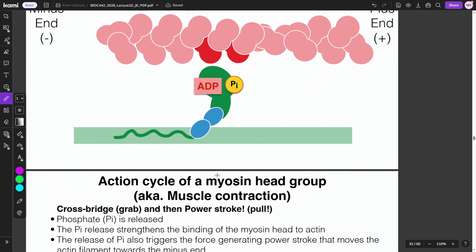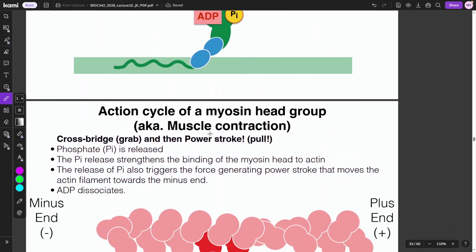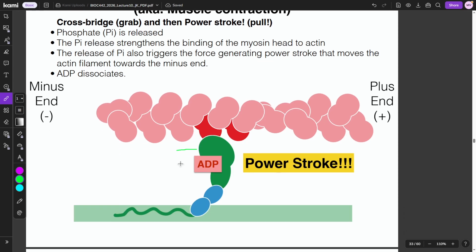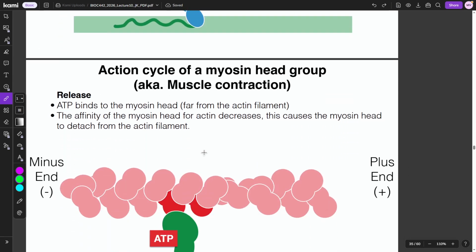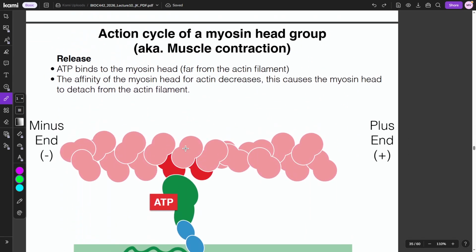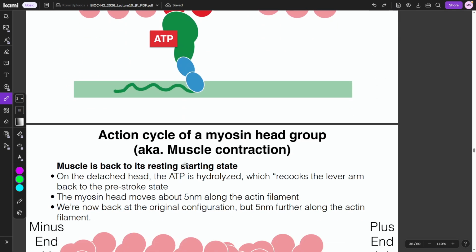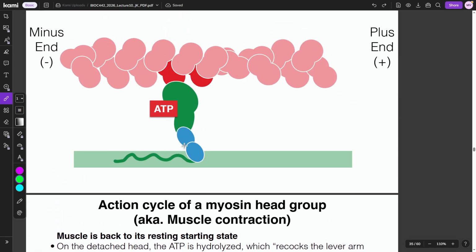So the phosphate release is used to bind to the actin itself, and then the power stroke happens, and the ADP is released.